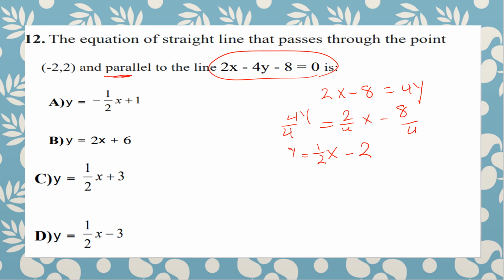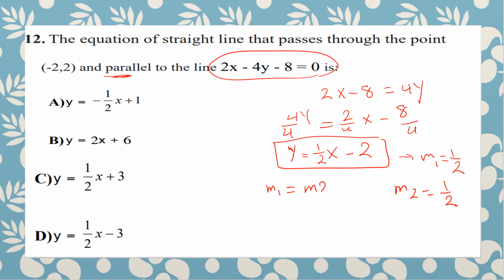This is the equation, and the straight line that is parallel to this line has the slope m equals half. This is m1. And the second line, which has the slope m2, equals half also, because if the two lines are parallel, then m1 should equal m2. After that, we can use this point to find c.